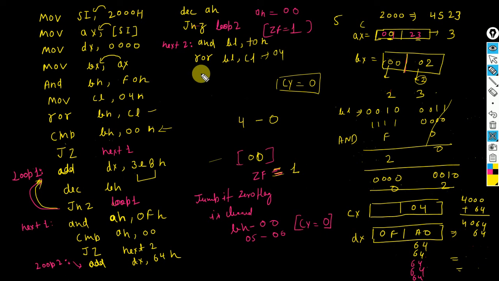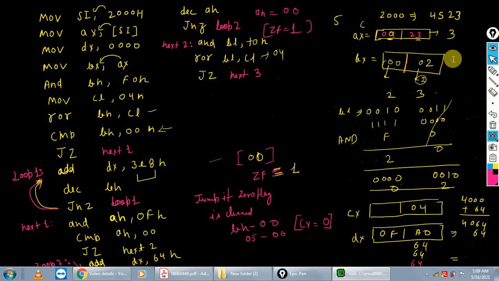Next instruction is JZ and the label is next 3. So jump if zero. In this case, after the JZ instruction, one instruction is missing.